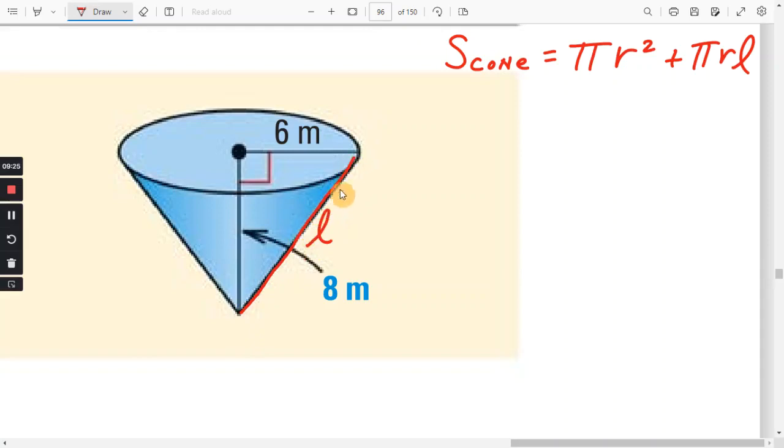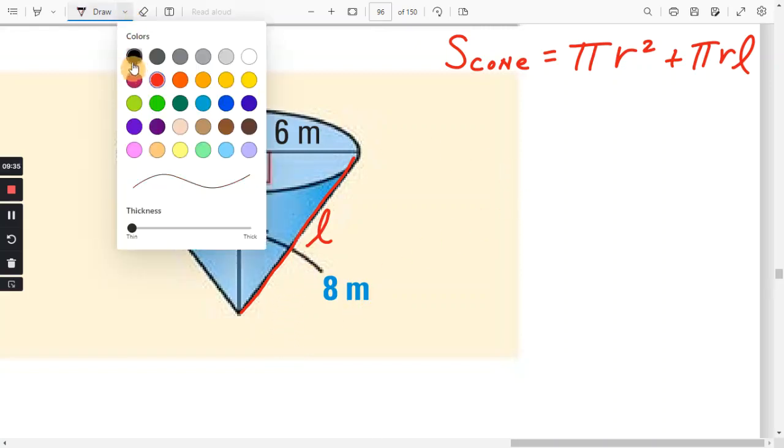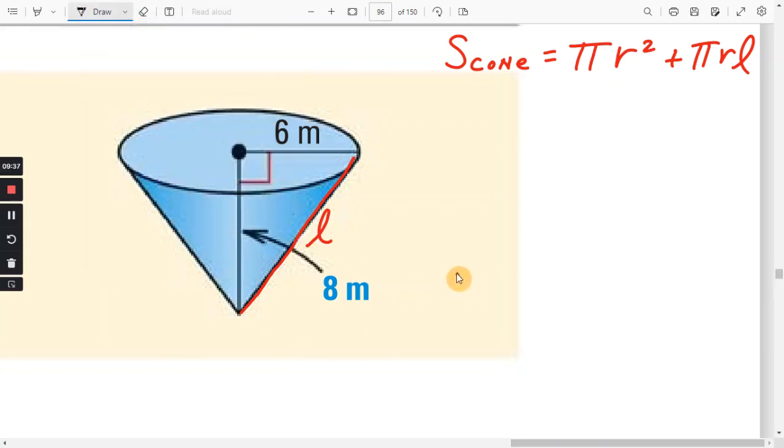So just like we did with the pyramid, we have to use the right triangle that's inside the cone. All right, we're going to use Pythagorean theorem. So let's do a squared plus b squared equals c squared. All right, across from your right angle is always c. So that's your slant height L. A and b, it doesn't matter, so I'm going to let a equal 6. And this right here is 8, so I'm going to let this equal b.